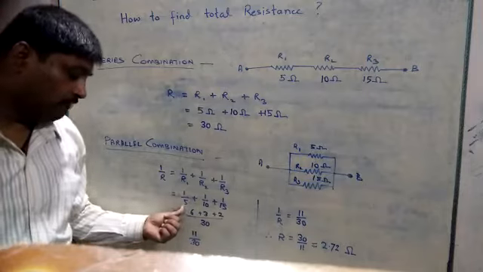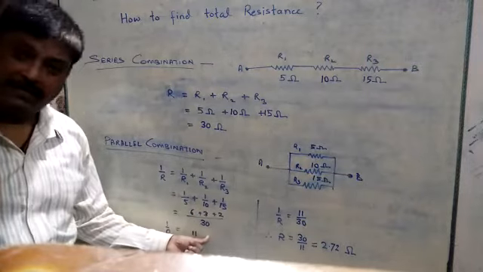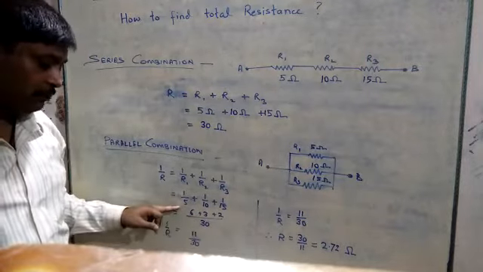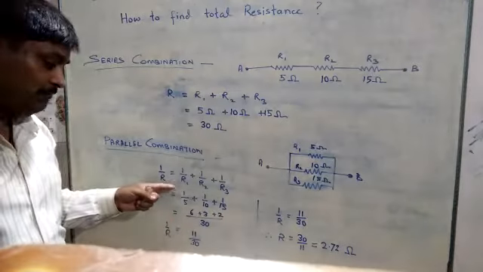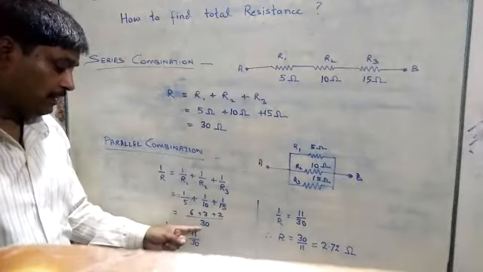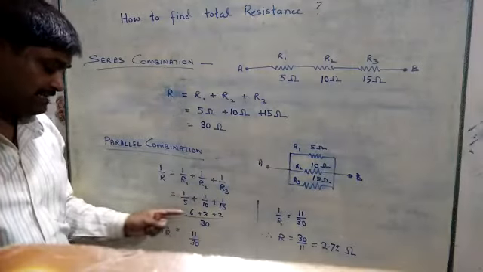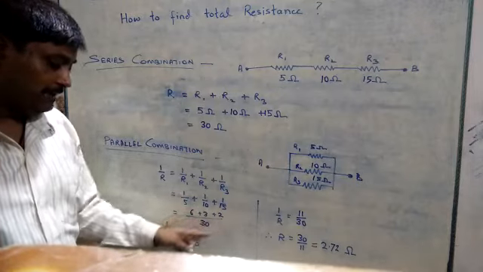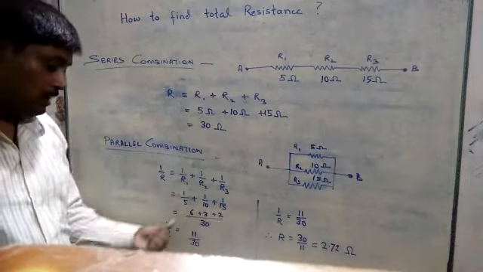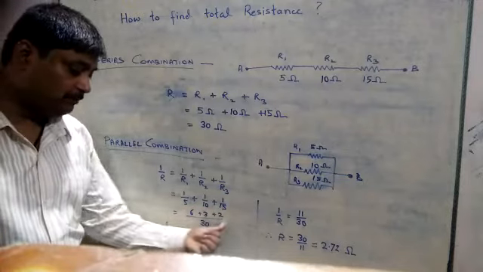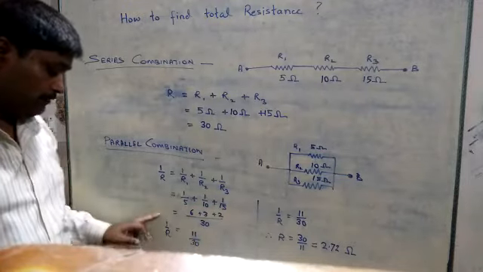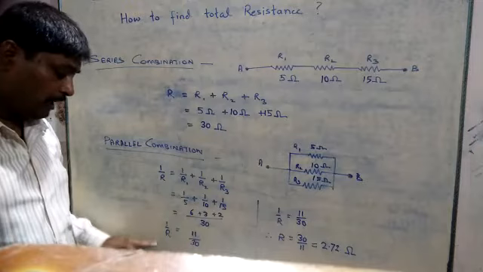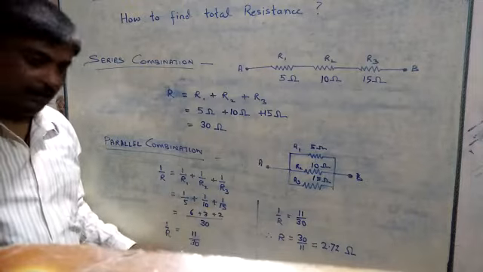The LCM of 5, 10 and 15 is 30. On dividing by the denominators and multiplying with the numerators, we get 30 upon 5, that is 6, then 30 upon 10, that is 3, and 30 upon 15, that is 2. Adding 6 plus 3 plus 2 gives 11. Therefore, 1 upon R equals 11 upon 30.